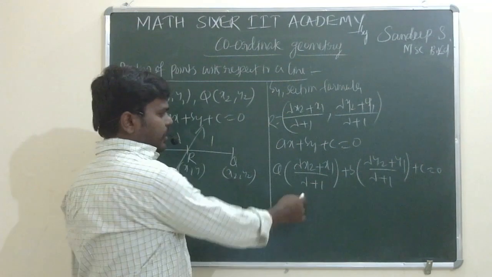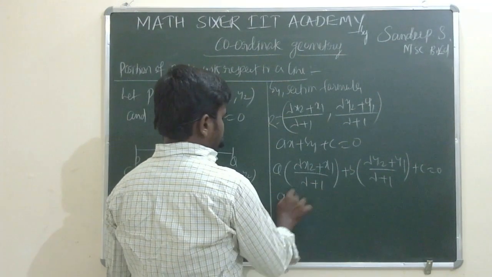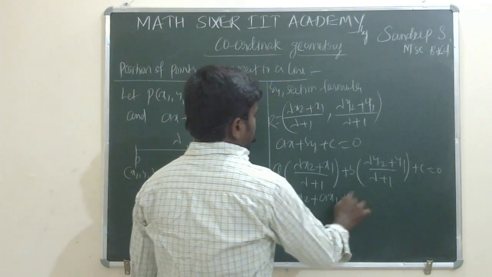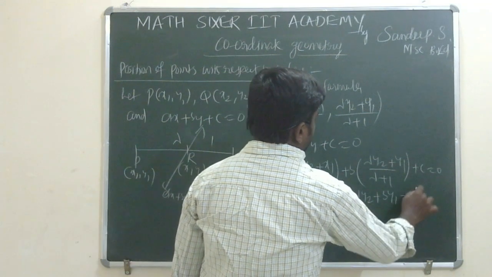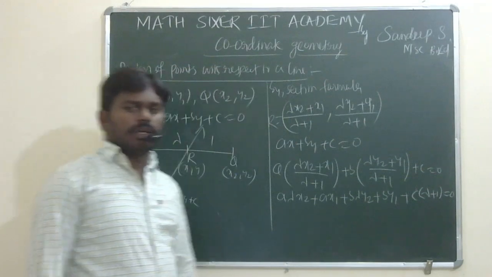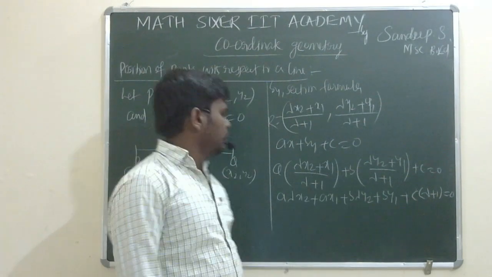Now take the LCM lambda + 1, and after taking it you will get a(lambda x2) + a x1 + b(lambda y2) + b y1 + c(lambda + 1) = 0.